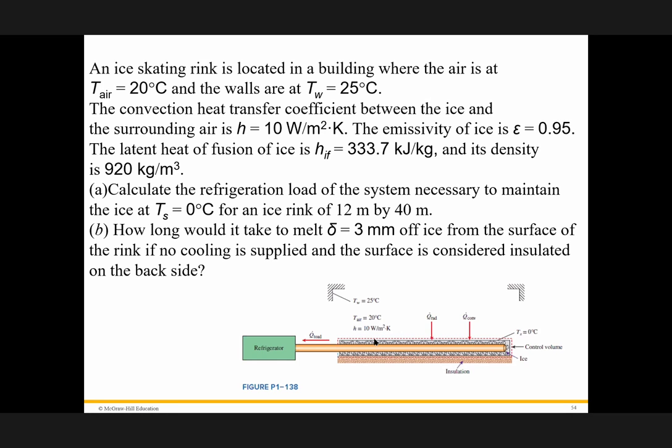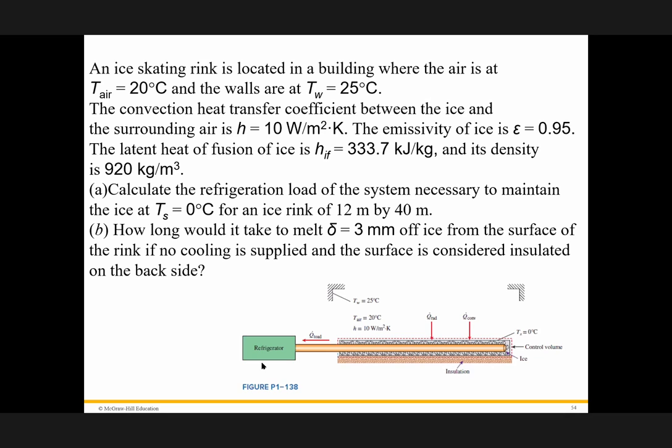So we can calculate the heat flux from the radiation, the heat flux from the convection, and then multiply by the surface area, taking into consideration that our surface is already at 0. Yeah, what you're mentioning here is, this is the system here.